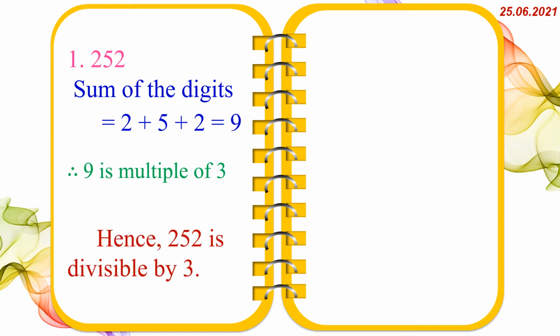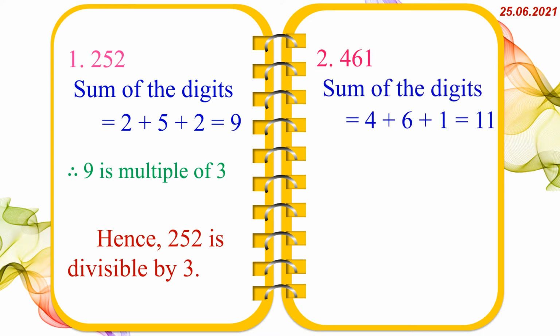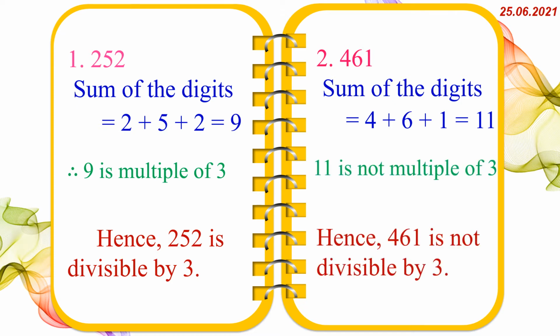Hence, 252 is divisible by 3. Next, 461. Sum of the digits equals 4 plus 6 plus 1 equals 11. 11 is not a multiple of 3. Hence, 461 is not divisible by 3.